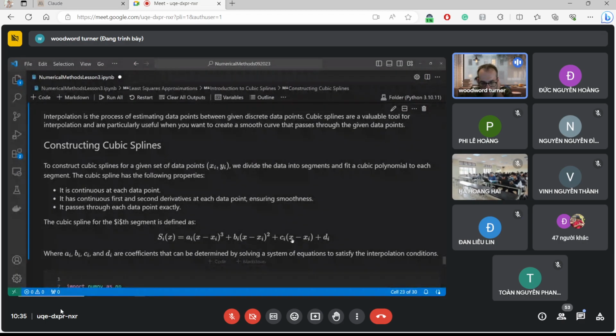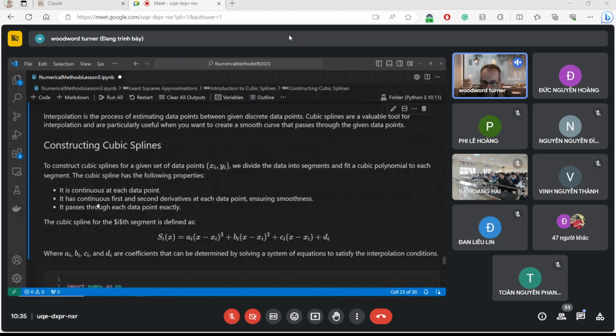Okay, and then just as a little comment, the a_i, b_i, c_i, and d_i are coefficients that can be determined by solving a system of equations to satisfy the interpolation conditions. So these are the coefficients that we want to find, and we want them to satisfy these conditions, that the function is continuous and has continuous first and second derivatives, right?